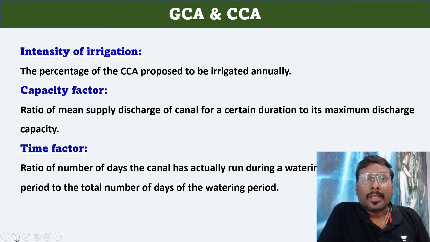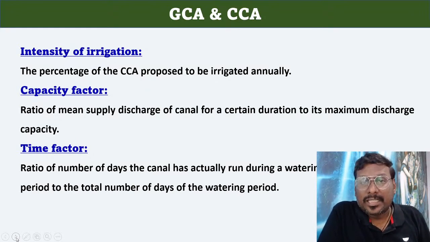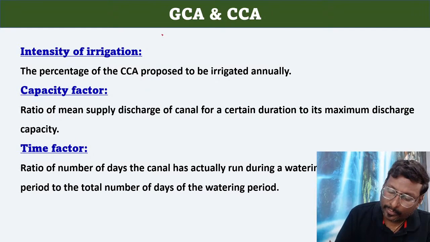Now, intensity of irrigation: the percentage of CCA proposed to be irrigated annually. For example, we have been given CCA of 6000 hectares.